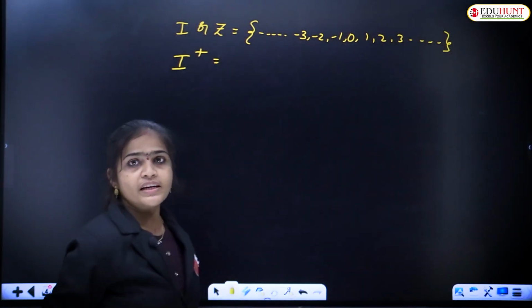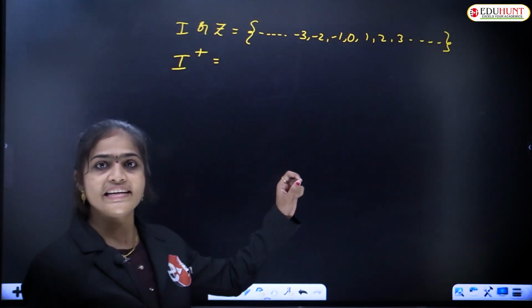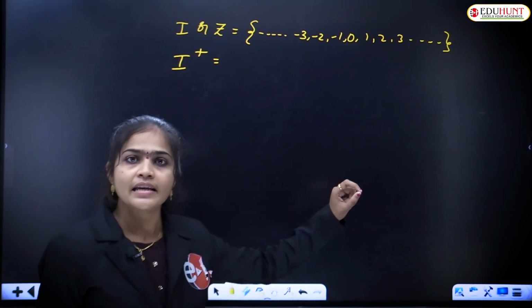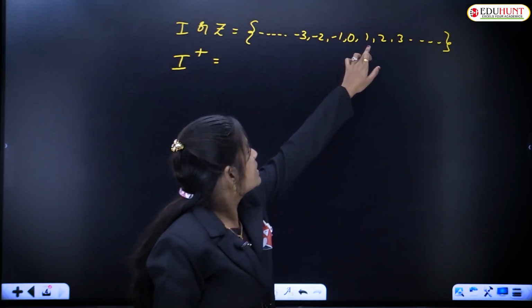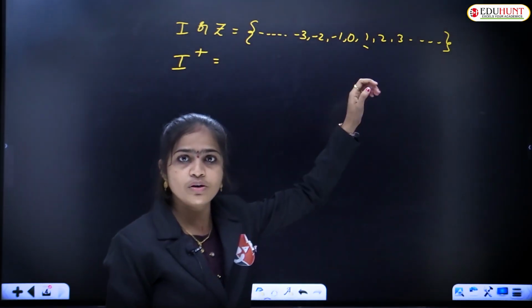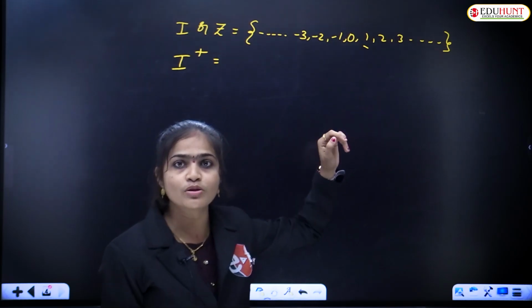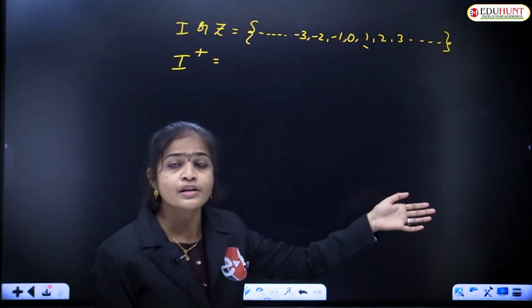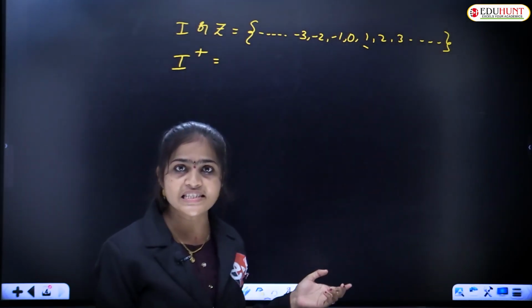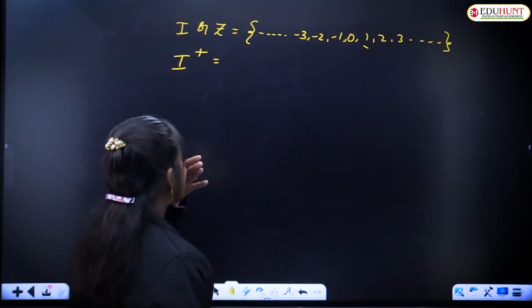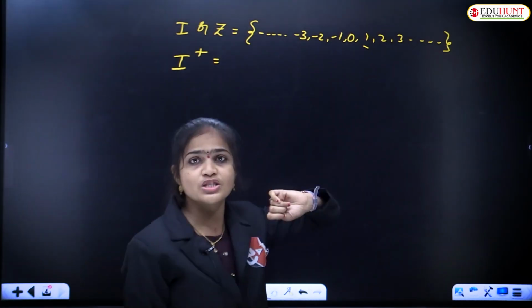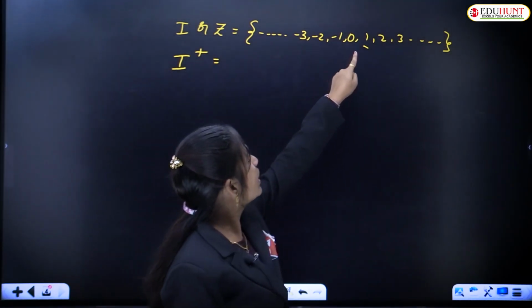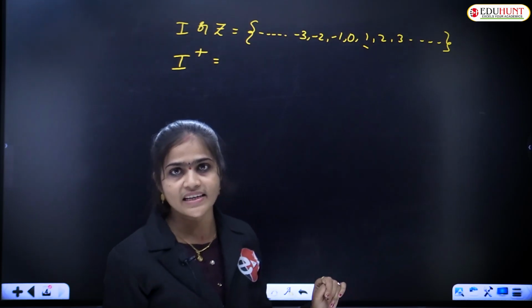Children, from that set of integers, tell me what is the least positive integer? Least positive integer is 1 only. 0 is neither positive nor negative. Why? Because 0 means empty, nothing is there, so how will we give a sign to that? So 0 is neither positive nor negative and 1 is the smallest positive integer.